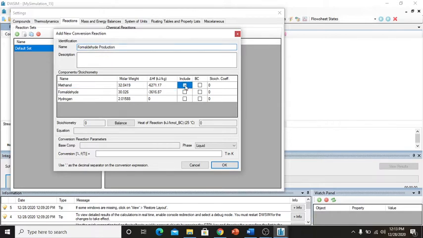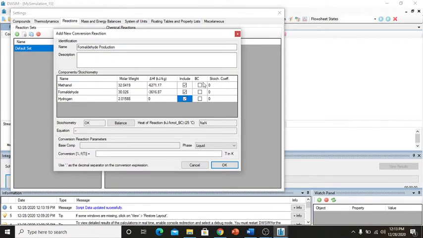And we should include the methanol, formaldehyde, and hydrogen. Base component is methanol, and the stoichiometric coefficient is just 1, as you notice in the reaction, but for the reactant it should be negative, so -1. For the product it is positive. The phase is mixture. We are given the 60% single pass conversion.